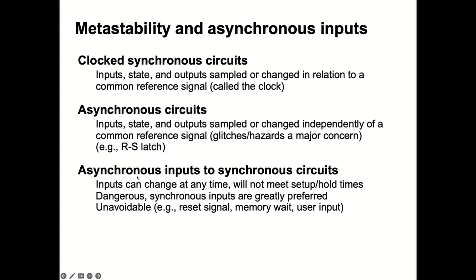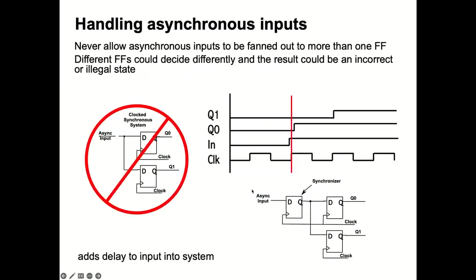When we have an asynchronous input to our synchronous circuits, we did an example where this was a real problem. If you have an asynchronous input and it goes multiple places, there's a possibility that it will violate the setup time of one of the two devices.